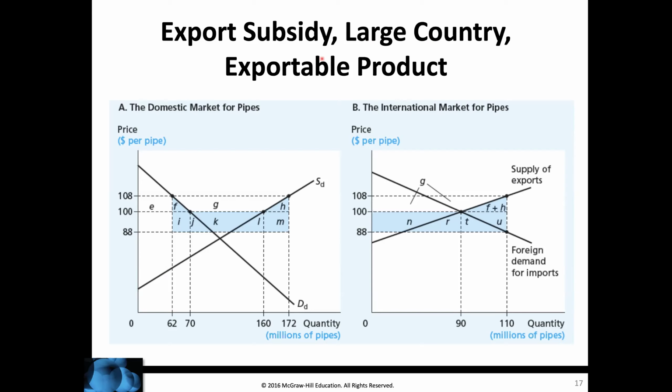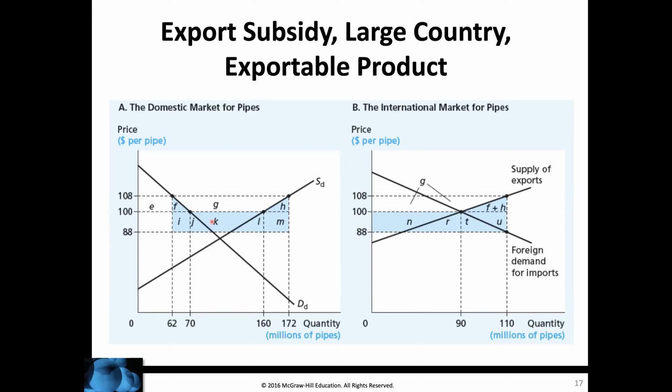Large countries, if they're going to export enough product, will affect the world price. They will drive the world price lower. And we're seeing this if you look at section A of figure 11.4 in your book. We've got the original world price. With that original world price, the domestic producers will export 19 million pipe.